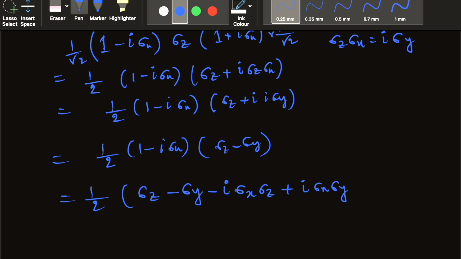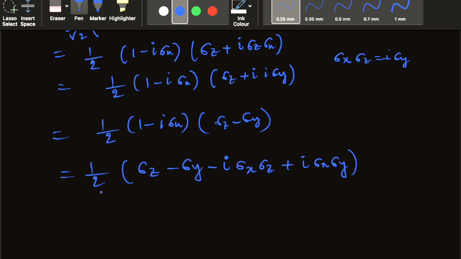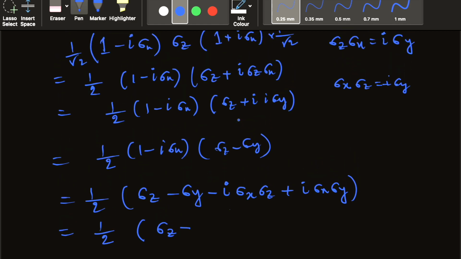So that means since sigma x sigma z will be minus i sigma y, that means this will give plus half sigma z. And this will be minus, I think something I have missed, it will be plus.